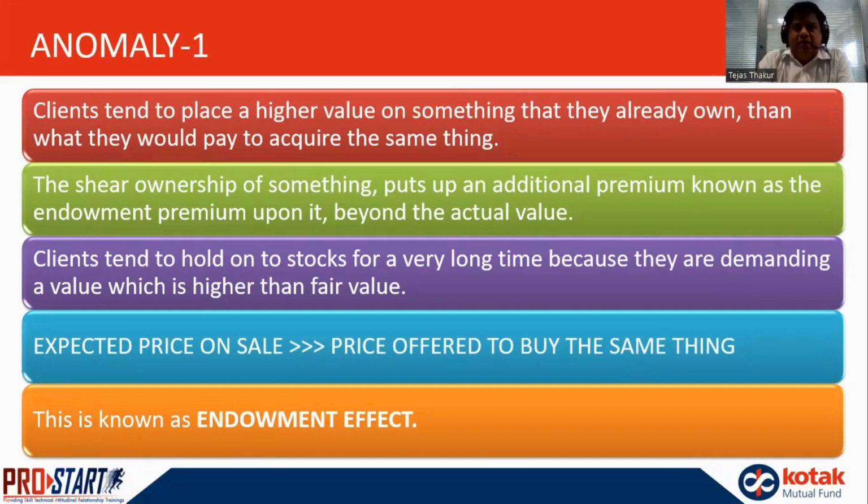Now let's say I have a car, and it was my first car and I've been having it for the last 10 years, very close to my heart. Now there's X price associated within the market, but I am not looking at X, I am looking at Y. The reason is that I am adding a certain premium to it, which is known as endowment premium.